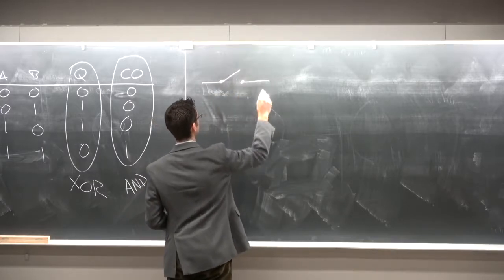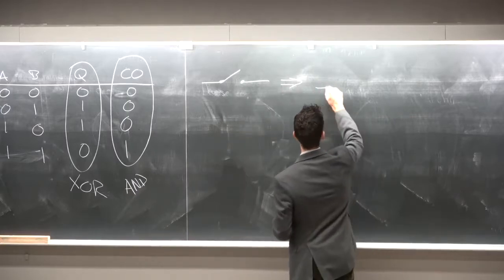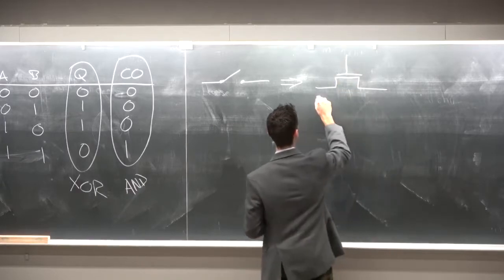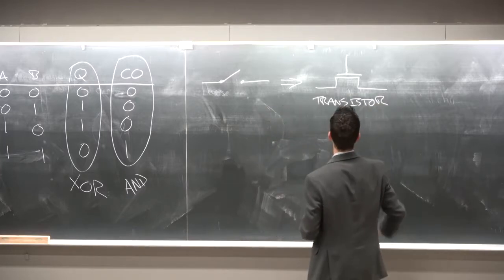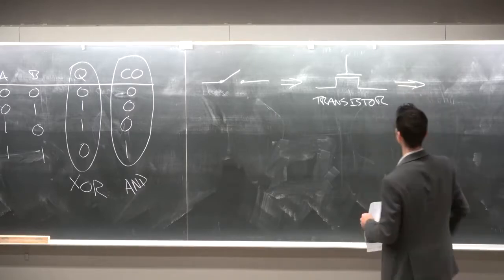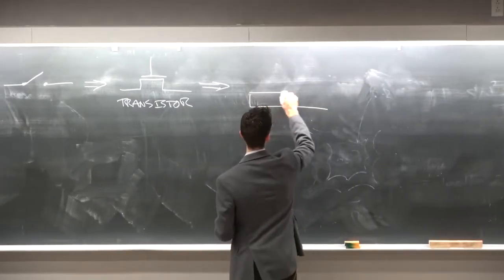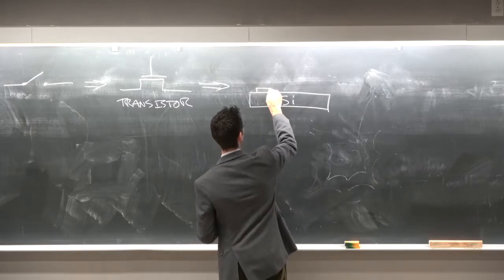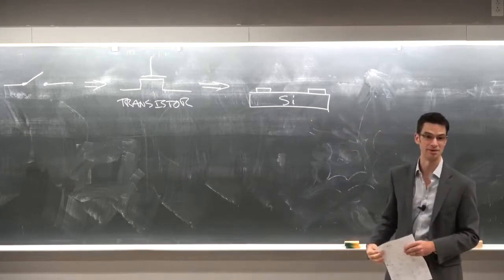So this is what we have been calling a switch. Really has the symbol in a circuit diagram that looks like this. This is a transistor. But what is the actual material, or what is the actual structure of this device? We have a silicon substrate, and this is just going to be the most basic possible archetypal device.